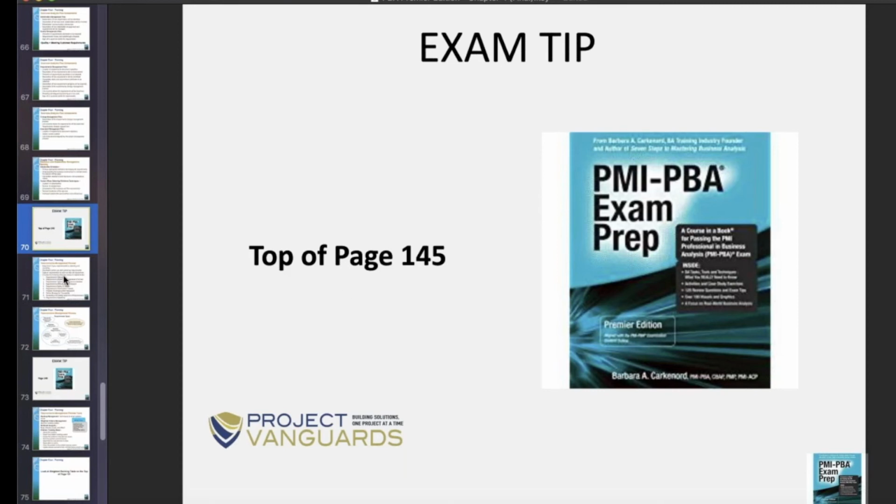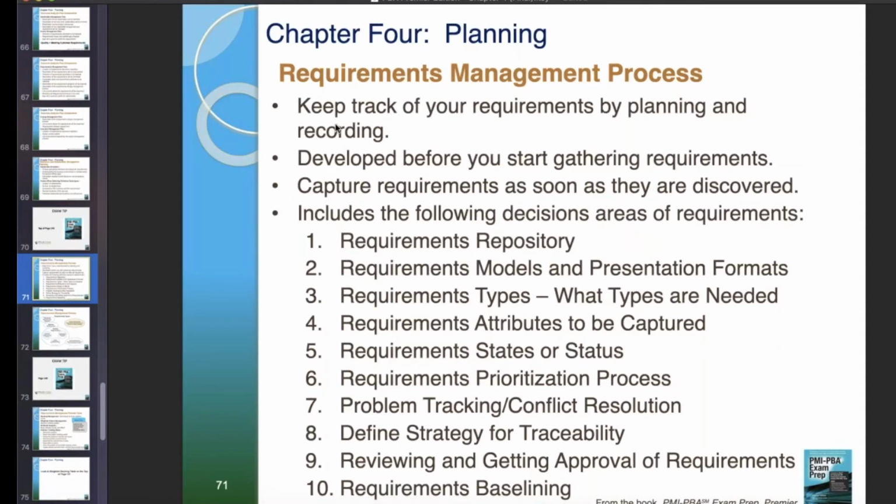That's a great page. Requirements management process. Keep track of your requirements by planning and recording. It should be developed before you even start gathering requirements. You should have a requirements management process. Remember, analysts are requirements managers. You need to have a plan. Capture requirements as soon as you discover them. It includes the following decision areas of requirements.